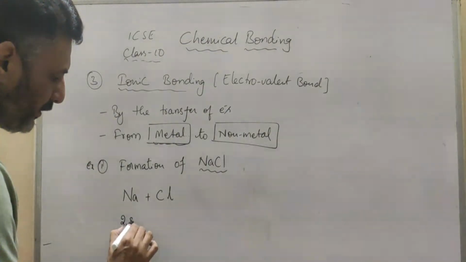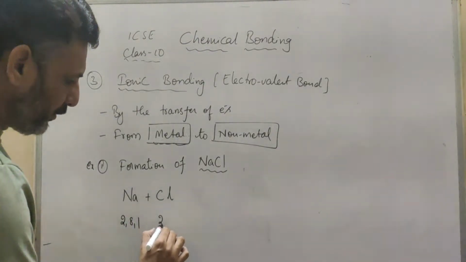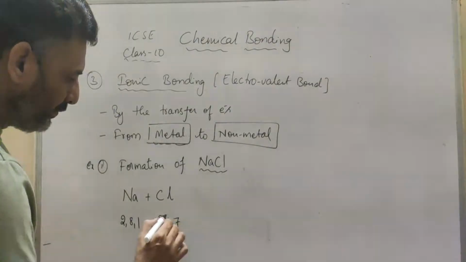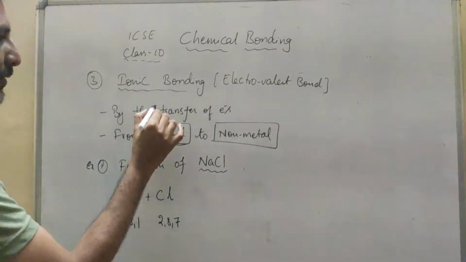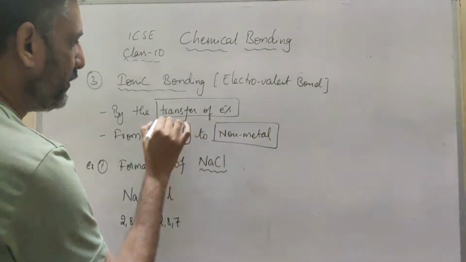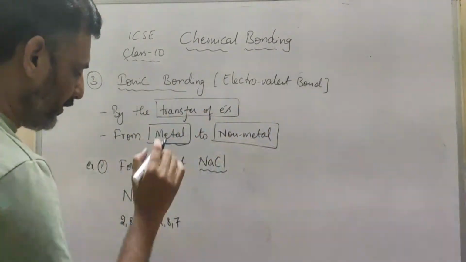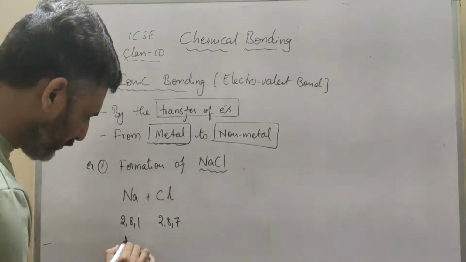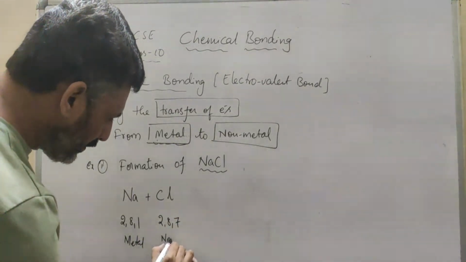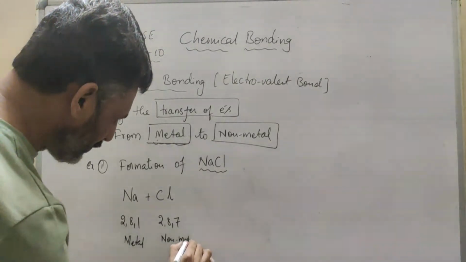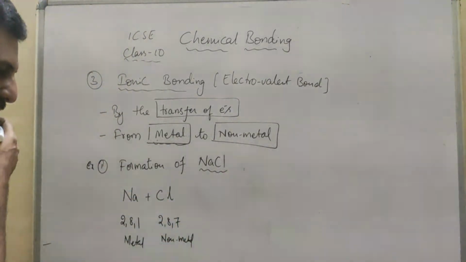Sodium's electronic configuration is 2,8,1 and that of chlorine is 2,8,7. So in this case, electron transfer takes place, from metal to non-metal. Here sodium is metal and chlorine is non-metal. So what happens here?